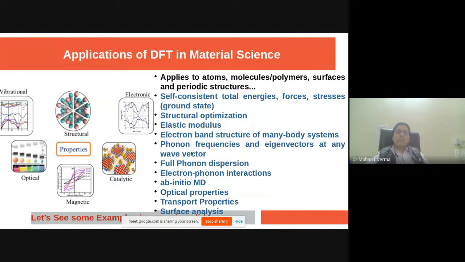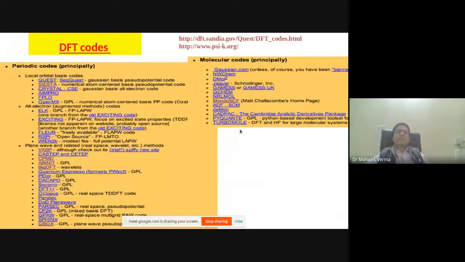To check the dynamic stability, you can use phonon dispersion, electron phonon interaction, optical properties, transport properties, surface analysis, etc. So these are different applications, and in my laboratory, we have performed several computer experiments and got good results. I will show them in the forthcoming slides.